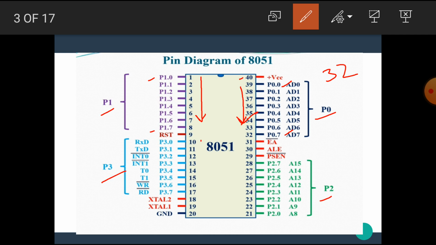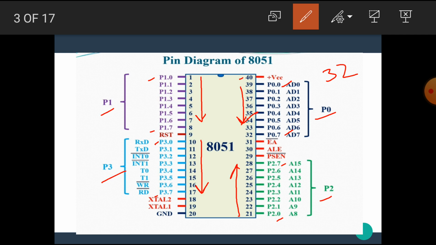P3 also starts from upper direction and ends with lower direction, here is P3.0 and P3.7. But the port 2 starts from the lower direction and ends with upper direction, that means in opposite direction, here is P2.0 and here is P2.7.